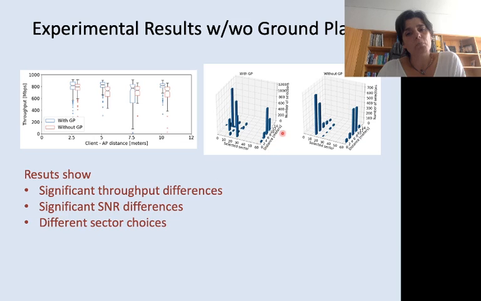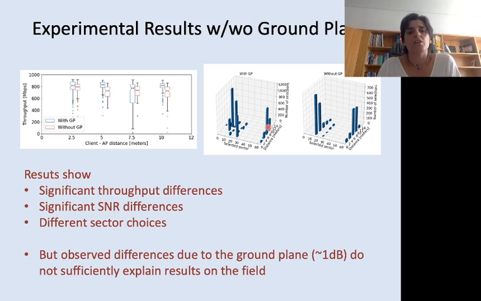When we use a ground plane, the amount of sectors used changes, and it's much more diverse, and it also changes more as you change the distance, so it's much more sensitive to the angles. So there is a difference in the radiation patterns caused by this ground plane, and this might indicate that there might also be this change in the radiation patterns on top of the vehicles.